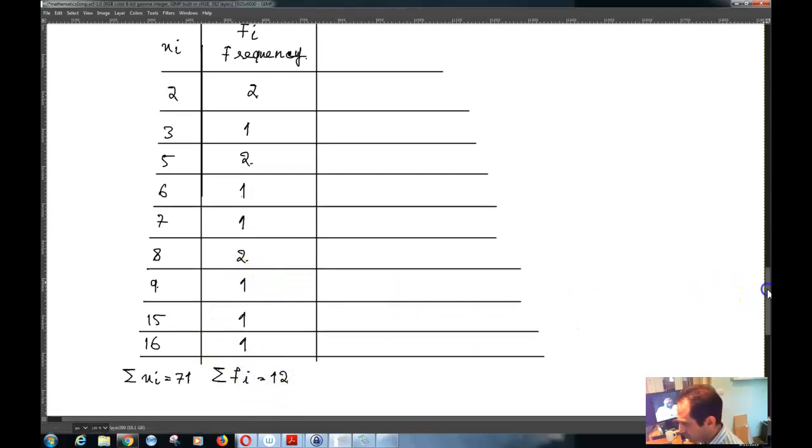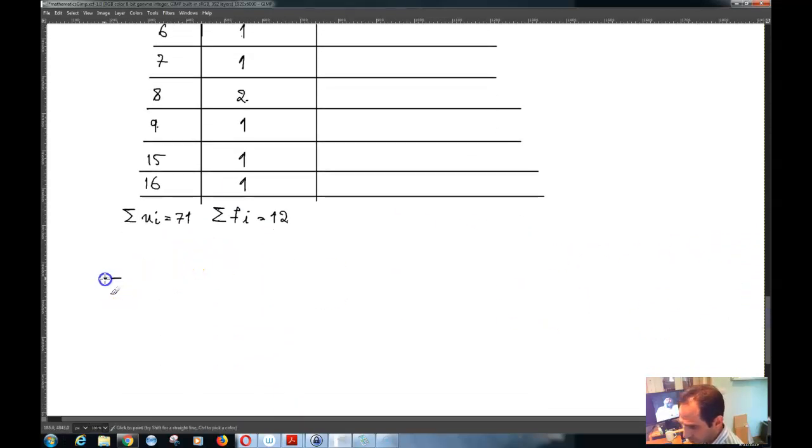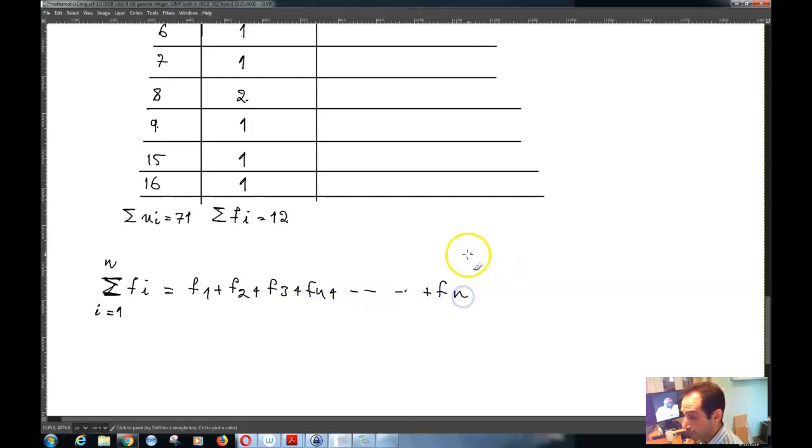And when I write sigma f of i, now that we are talking about it, let's talk about it properly. When I write sigma f of i, that means f of 1 plus f2, suppose that i is equal to 1 all the way up to n. That means f1 plus f2 plus f3 plus f4 plus all the way up to f of n. Right? So that's sigma f of i as i goes from 1 to n.